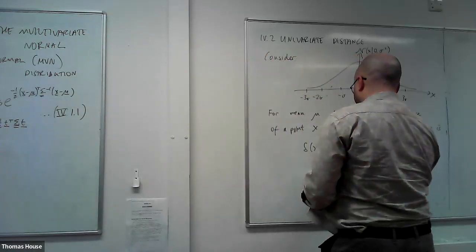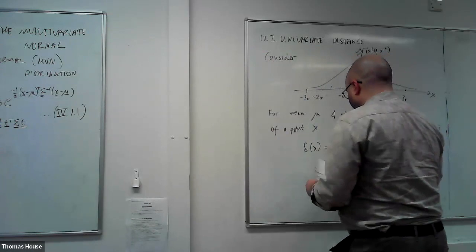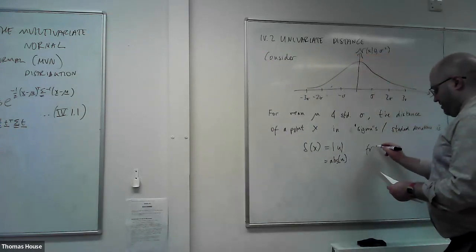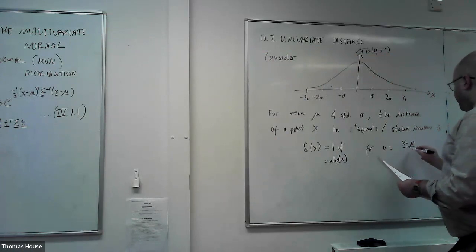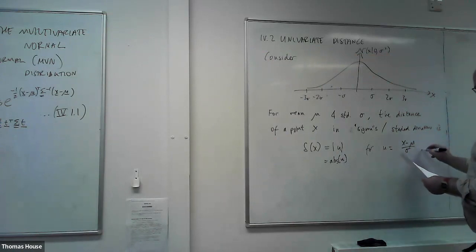So by that I mean abs of u for u equal x minus mu over sigma. Okay.